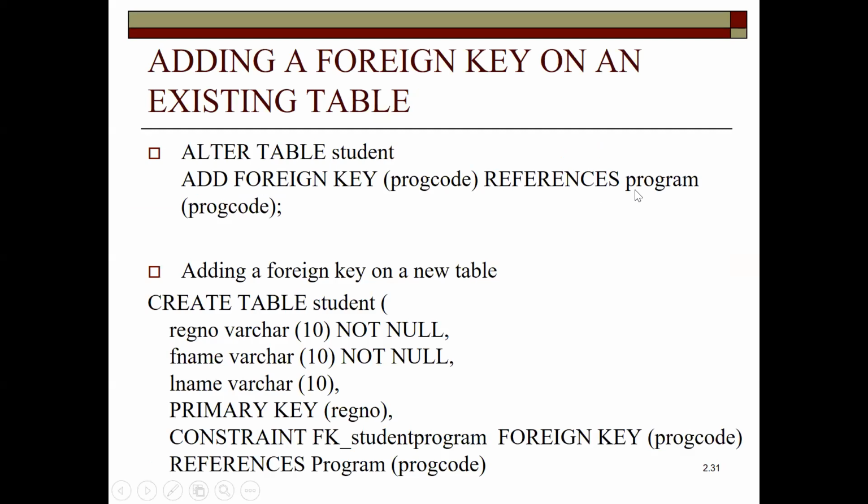Remember that a foreign key is an attribute in another table that is acting as a primary key in a mother relation. That is a foreign key. And a foreign key enforces the referential integrity rule. I hope you still remember the referential integrity rule.